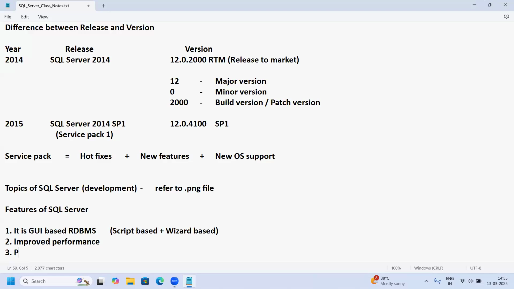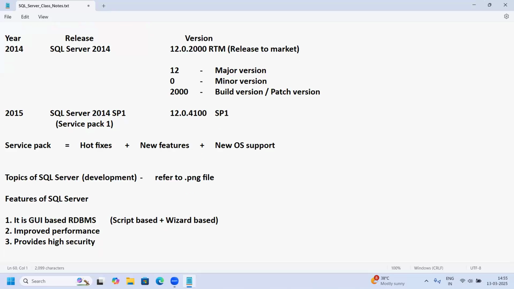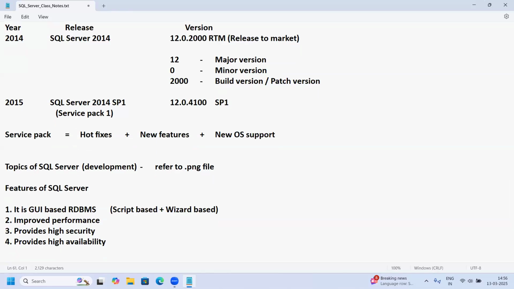Improved performance, then you can say provides high security. Third feature, provides high availability. Provides high scalability.